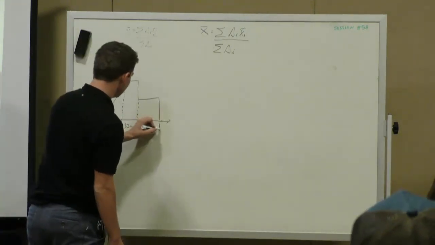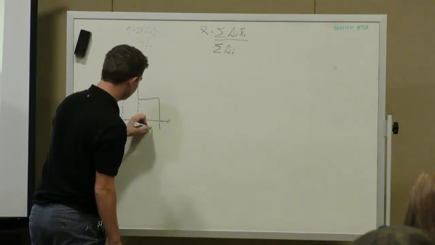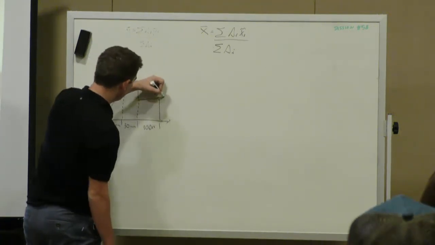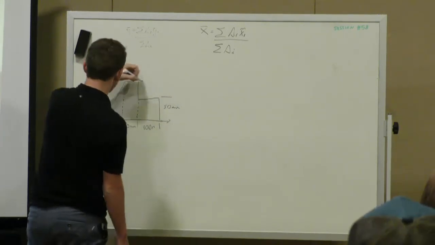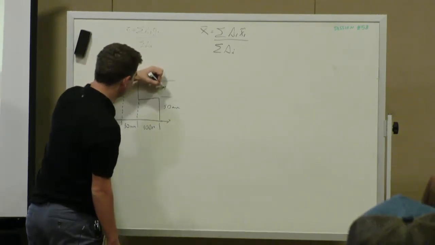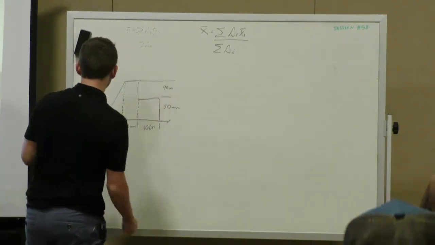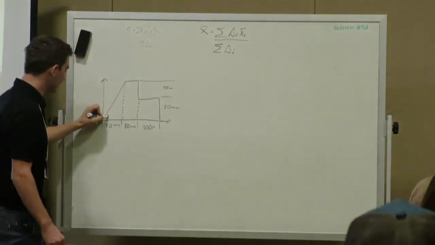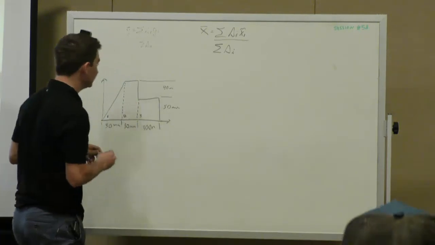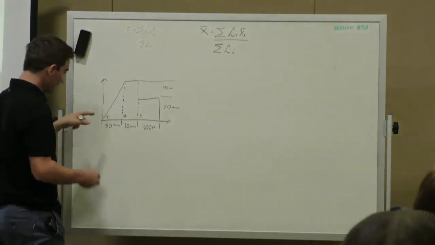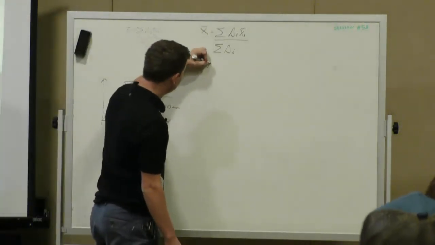We have this as 100 millimeters. We have our height of 50 millimeters, and this height as 40. All right, so let's call these shape 1, shape 2, and shape 3. What's the area of our first shape?